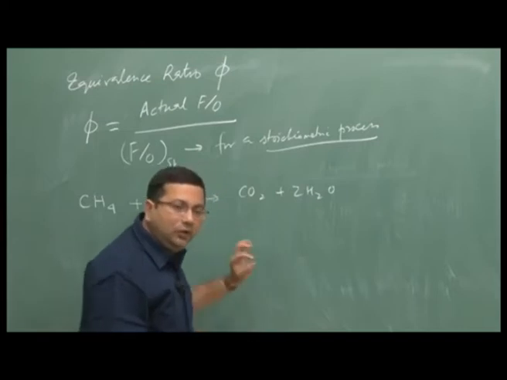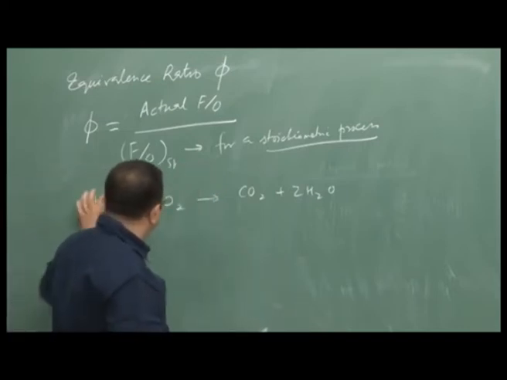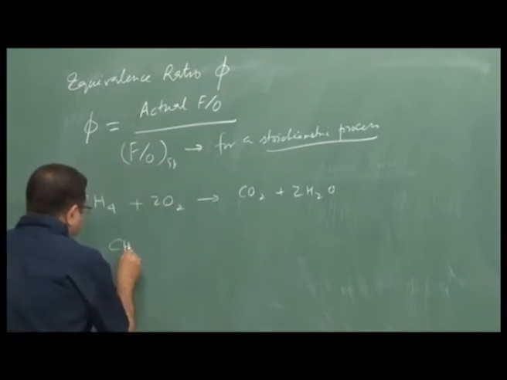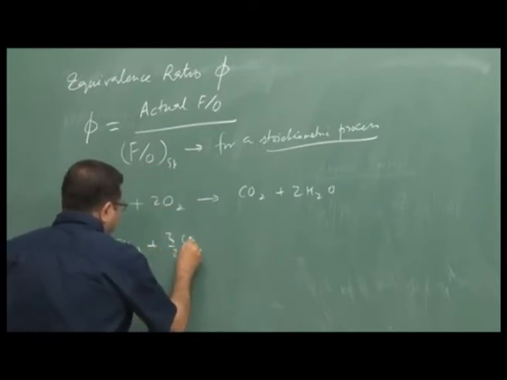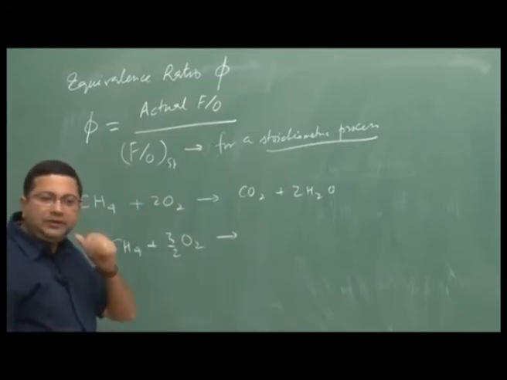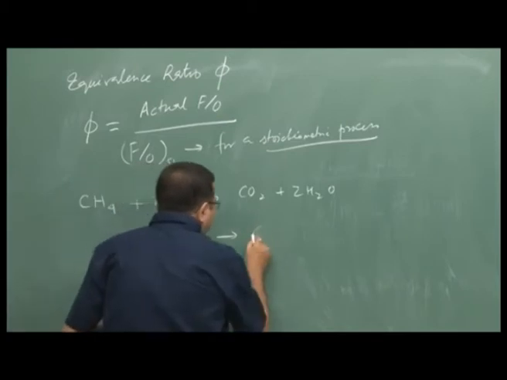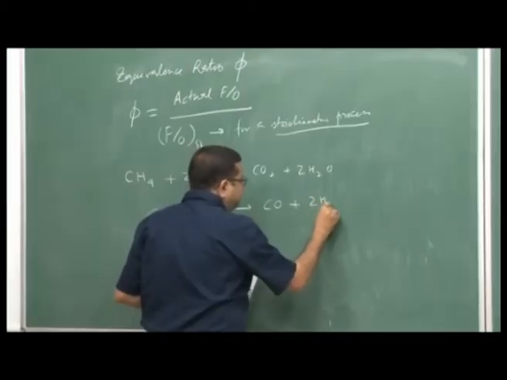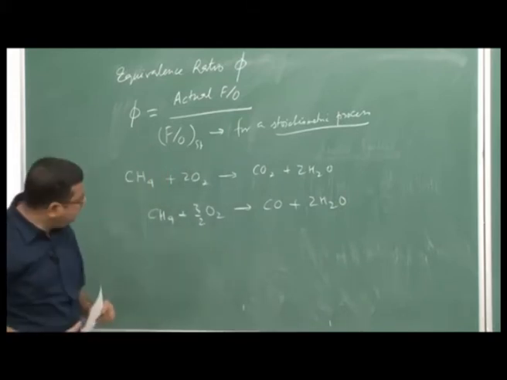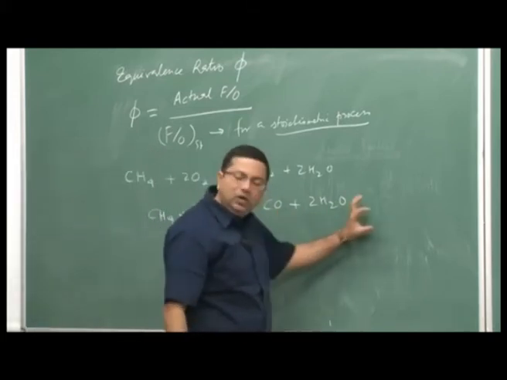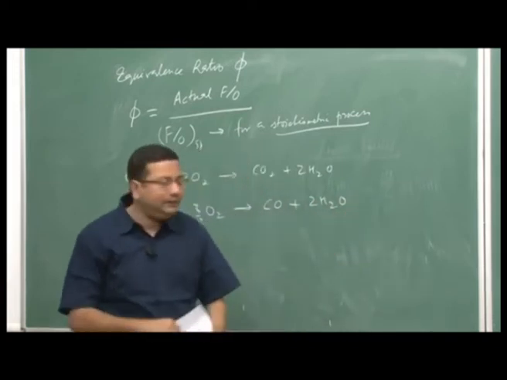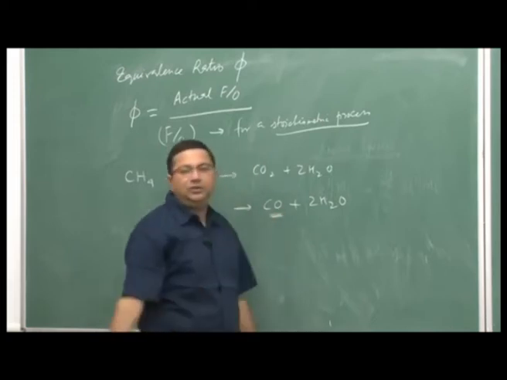But if I look at a different proportion of the oxidizer and fuel, for example, let us say we reduce the amount of oxygen that is present, then the reaction will be CO plus 2H2O. Now, once again you might argue that there is no reactant present, but the point is carbon monoxide is not a very stable species.